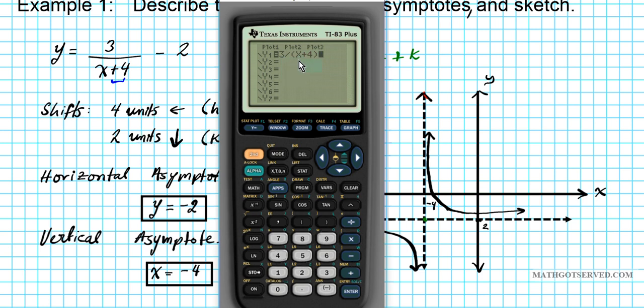If you do not use the parentheses, the calculator will read it as 3 divided by x and then plus 4, which is inaccurate. So make good use of your parentheses so that your entry is accurate. You enter it like that, press graph, and there you have your graph, just like what we have there. You have our vertical asymptote at x equals -4, our horizontal asymptote at y equals -2.